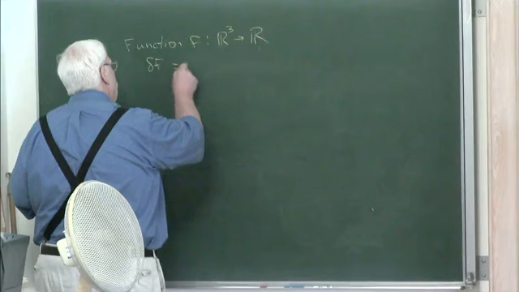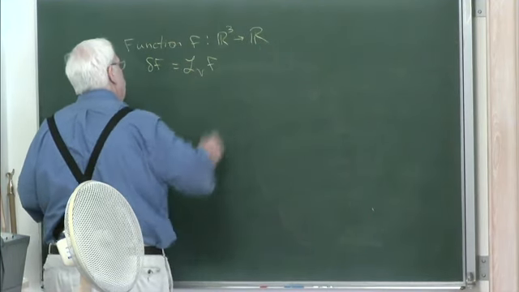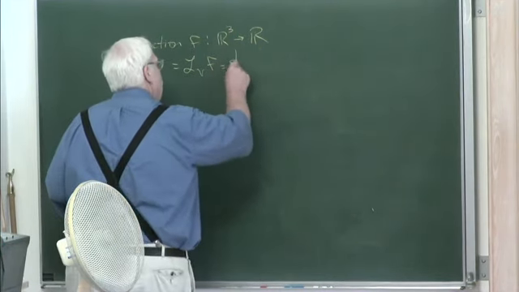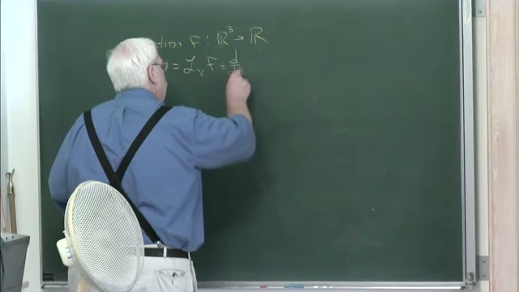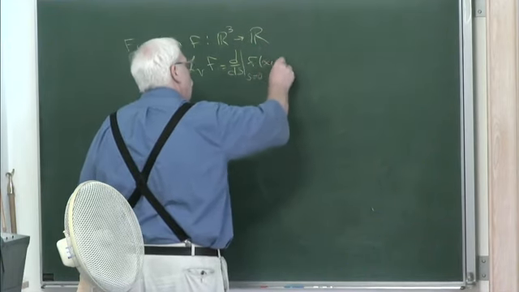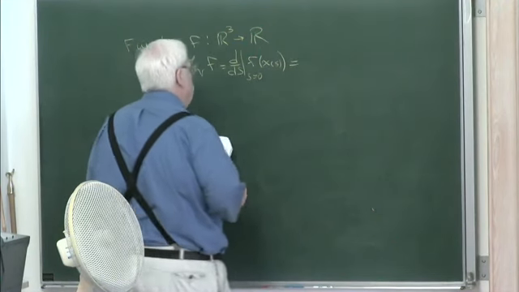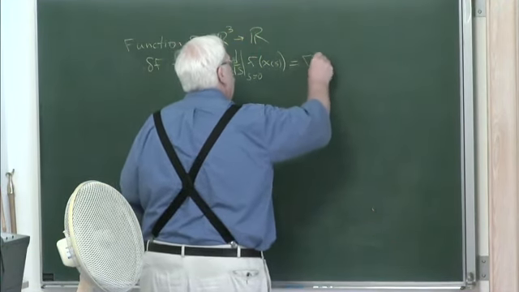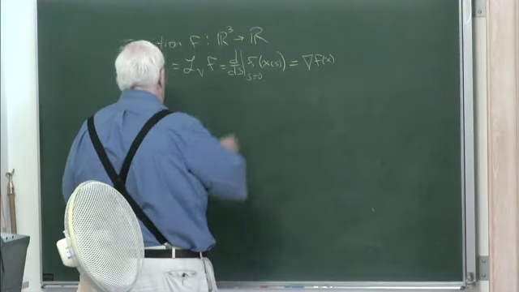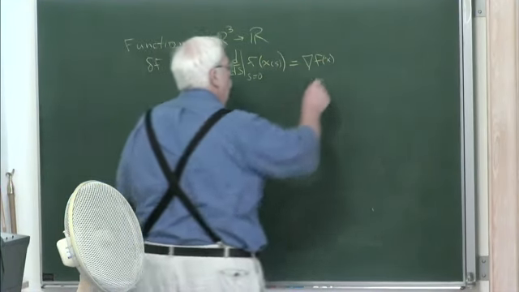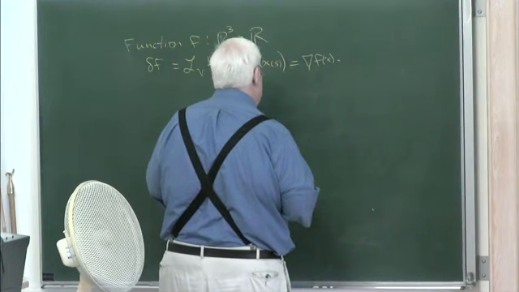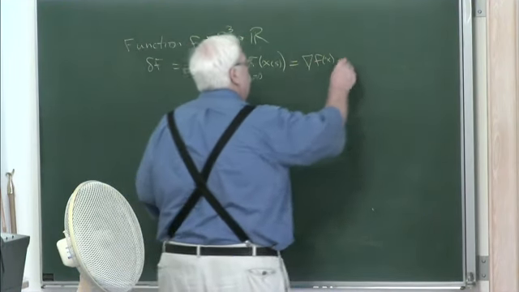Delta f is the Lie derivative with respect to v of f, which is d by ds at s equals 0 of f of x of s, which is equal in turn to grad f of x, now when s equals 0, dot dx ds.